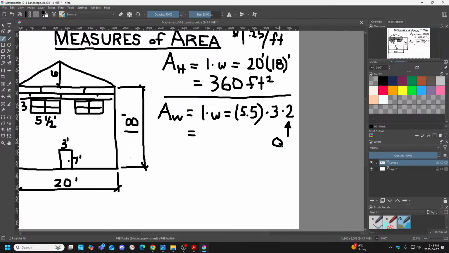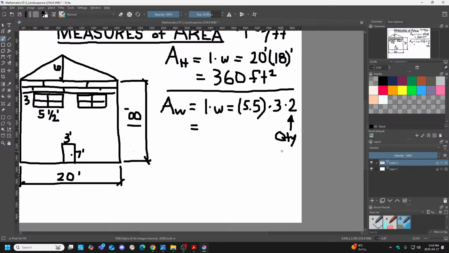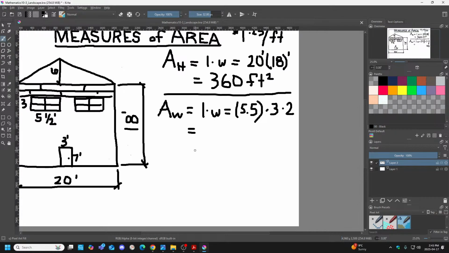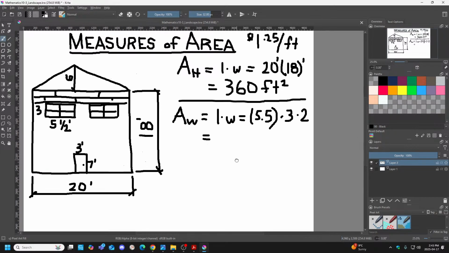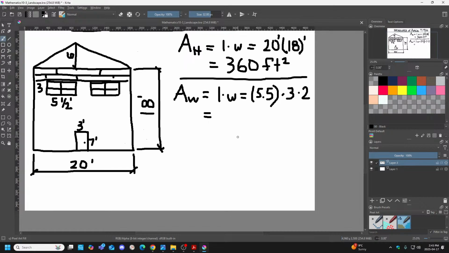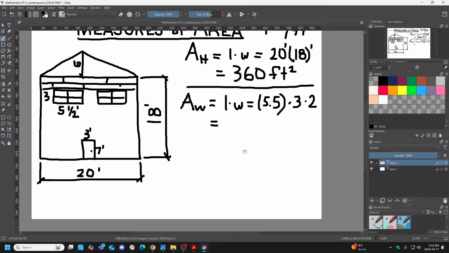You could do the calculation for 2 windows afterwards, but because I'm going to run out of room quickly, I don't want to erase it all. I would rather have it there for you guys, in case you want to write it down.